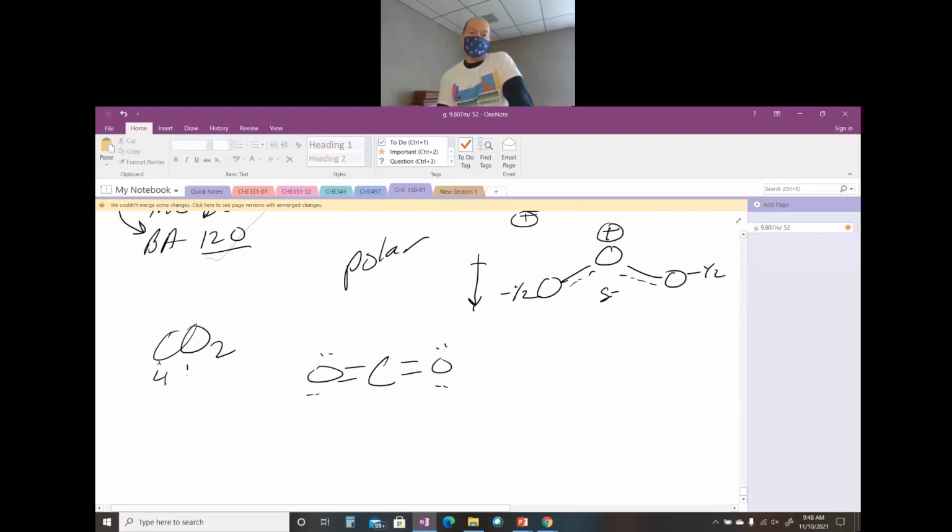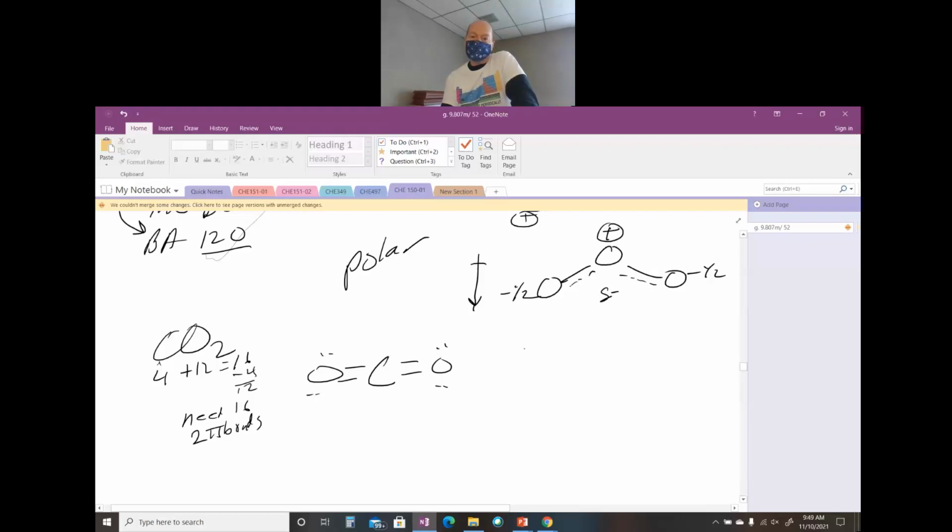Here's 4 plus 12 is 16. You put in your 2 bonds, that was -4. You put in 12. You needed 16. That means we need to add 2 pi bonds. And so you put a double bond on each side, and you have your CO2.